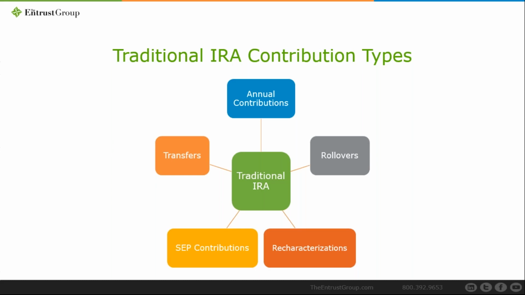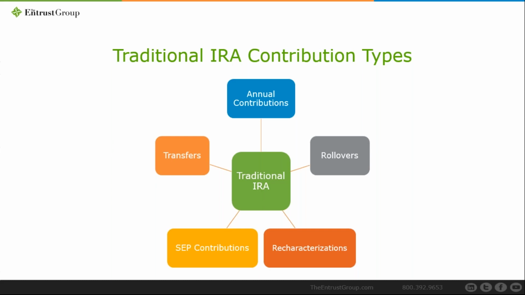So if you use a TRAN code for a traditional IRA and reported a SEP contribution, which is up to $57,000, on Box 1 of the IRS Form 5498, we have a problem because that should be reported on Box 8. So a traditional IRA could receive both contributions in the same year. It's just that those contributions must be reported in a different box.